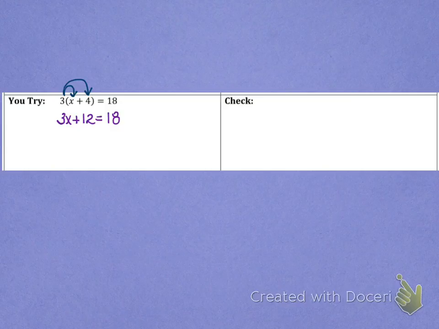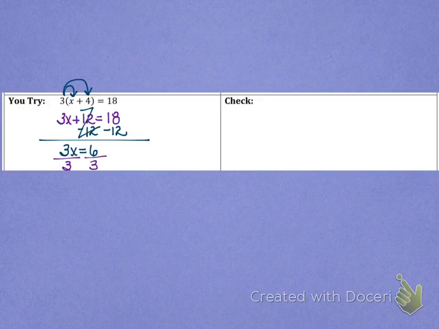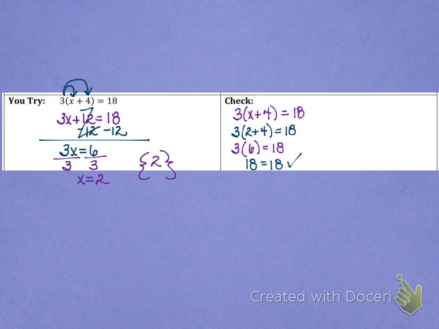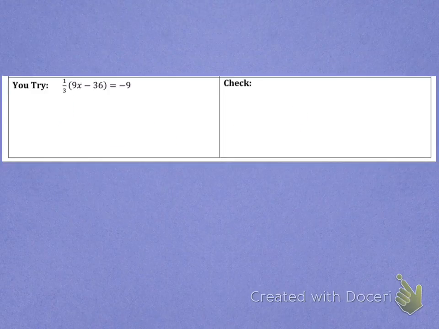And now I want you to get rid of the constant. So by getting rid of that constant, you have now 3x equal to 6. Divide by 3, so x should equal 2. Try the check. You should be getting an answer of 18 equal to 18.